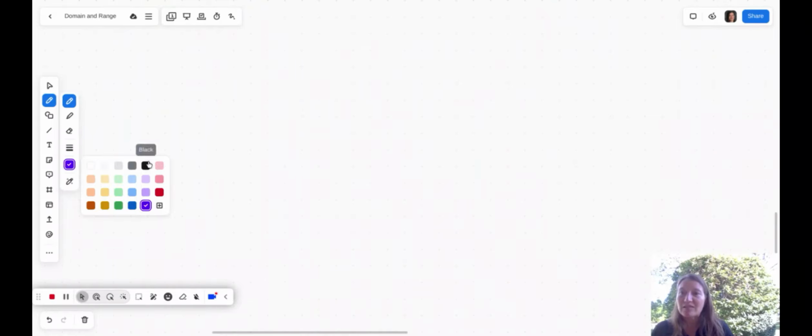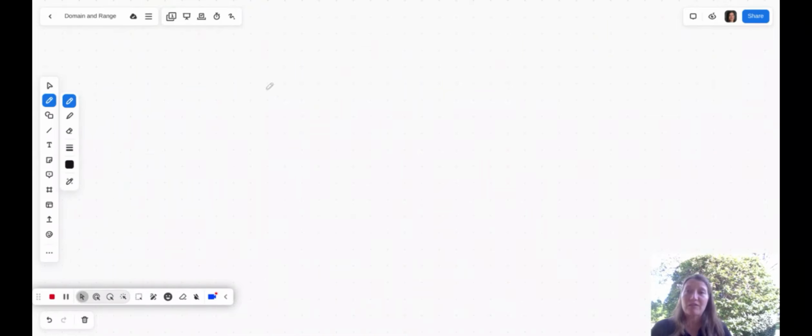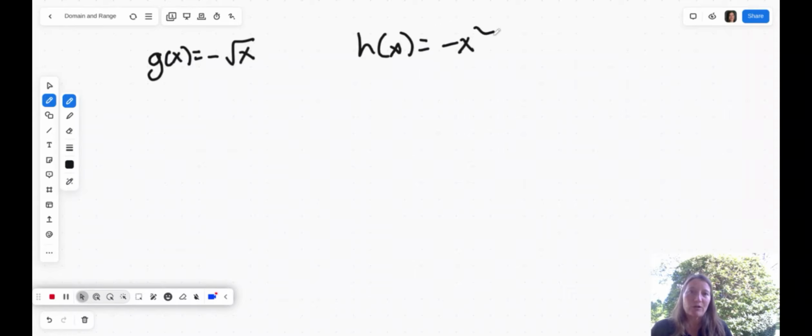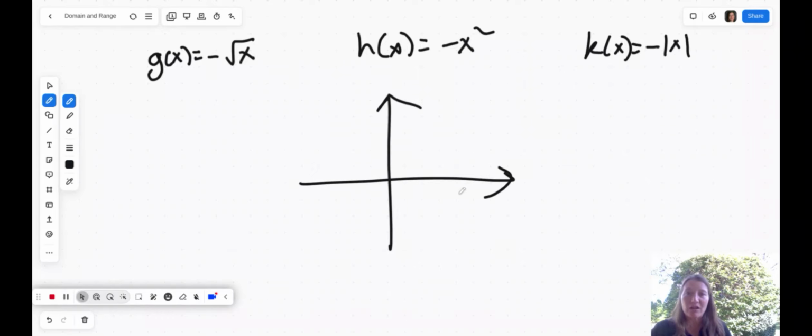Now the last thing we've got to consider here, though, is that with all three of these, if I have, I'll call it g instead of f, negative root x, or negative x squared, or negative absolute value of x, that moves my graphs upside down entirely. Here's negative square root x. Here is negative x squared.